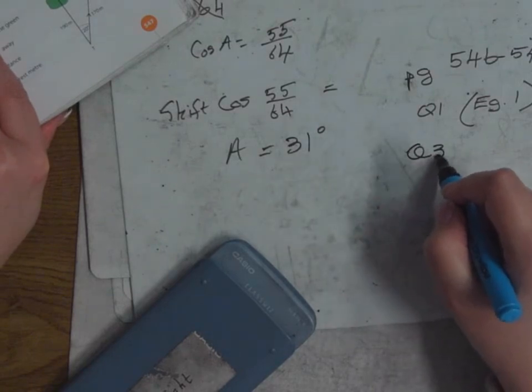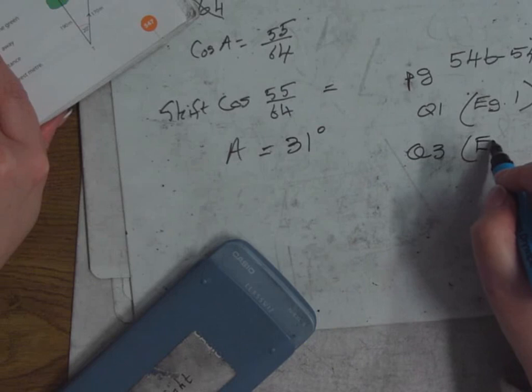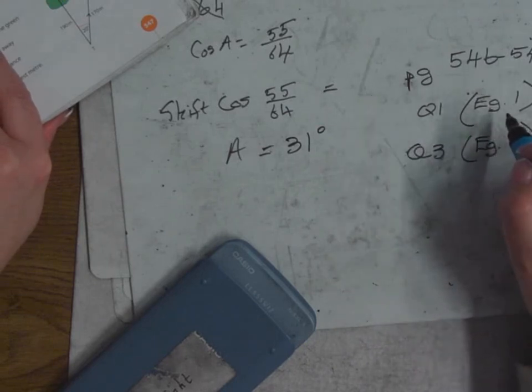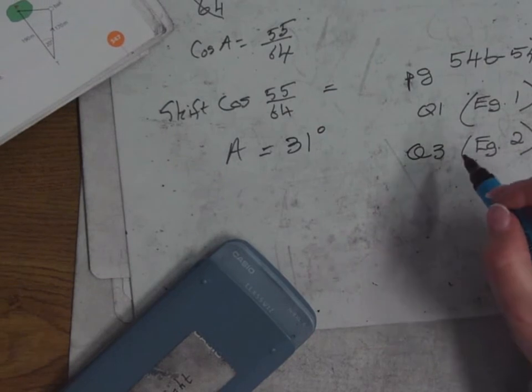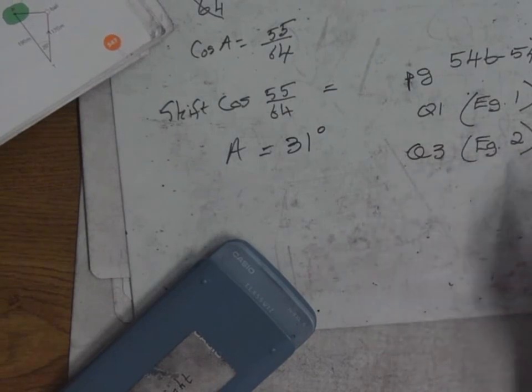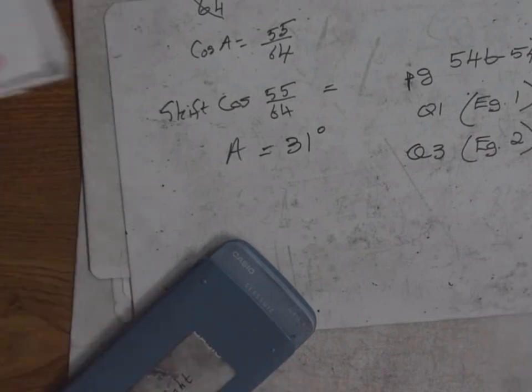There are 3 parts in question 1, all the exact same as example 1, and 3 parts in question 3, all the exact same as example 2. So off you go with them, see how far you get, and we'll iron out any problems.